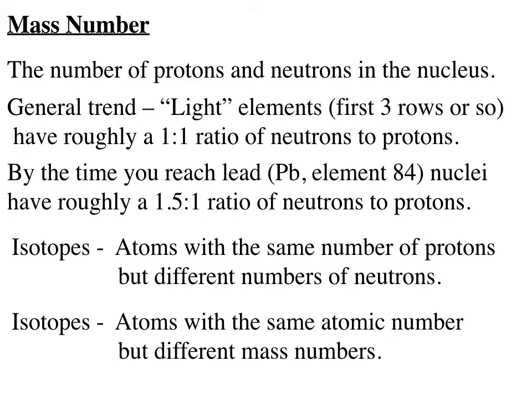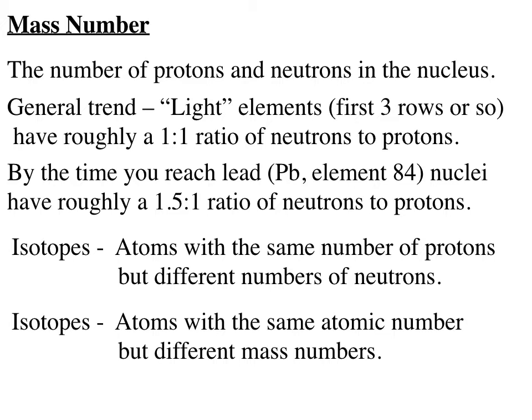All atoms of oxygen have 8 protons. All atoms of lithium have 3 protons. So once you change the number of protons, you've changed the atom to another element type. But the atoms don't have to have the same number of neutrons. Now they're close, but they don't have to be exactly the same number of neutrons.